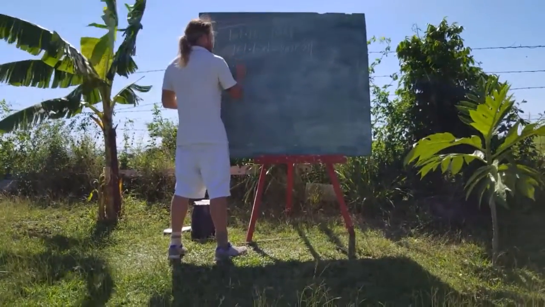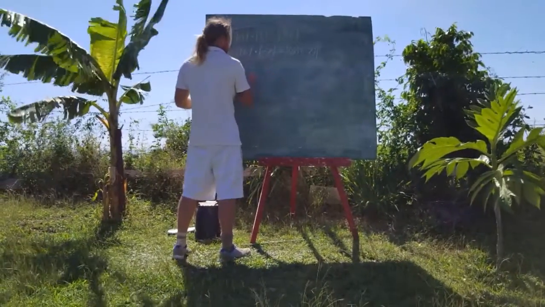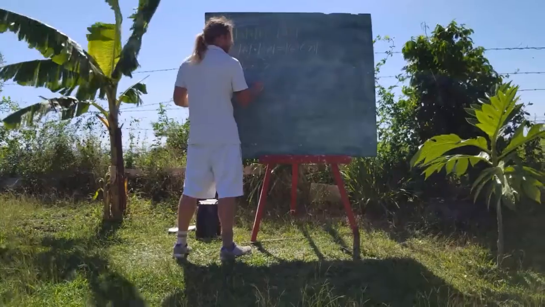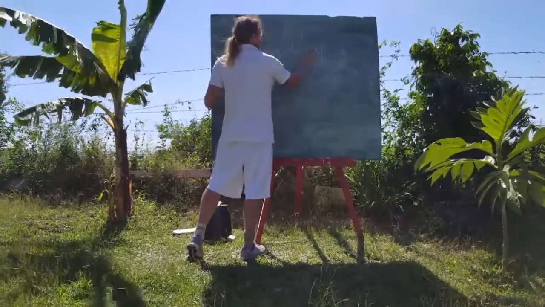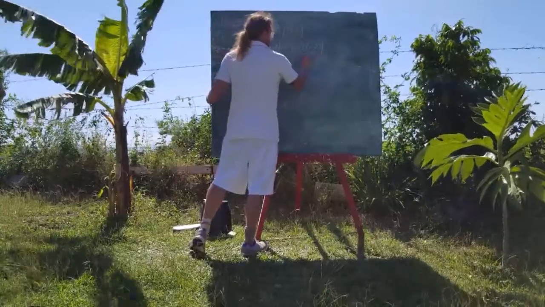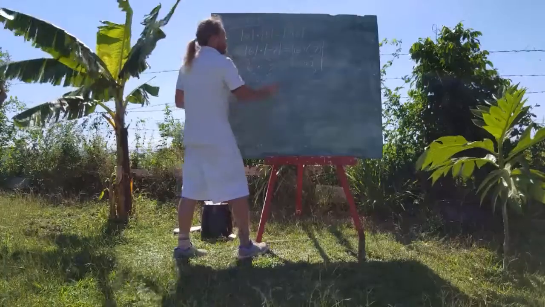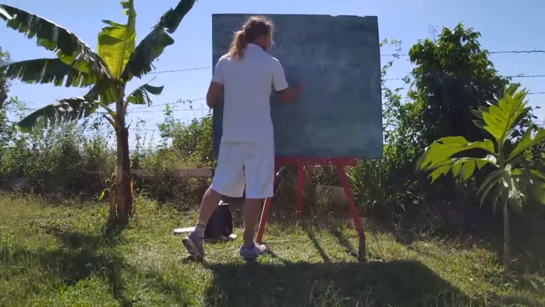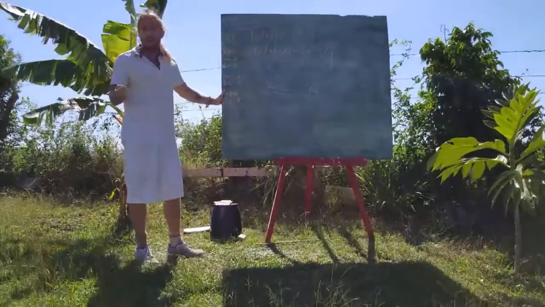Absolute value of 6 is 6, times the absolute value of negative 7 is 7. 6 times 7 is 42. This side, work within the absolute value. 6 times negative 7 is negative 42. Absolute value of negative 42 is 42. Again, another true statement.